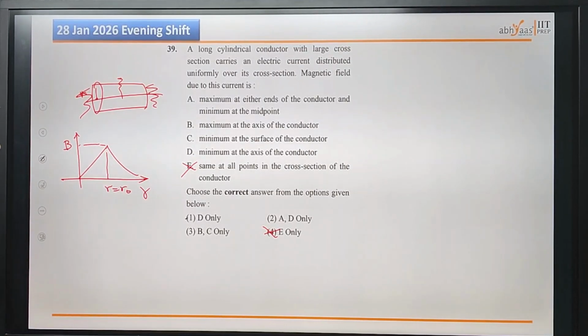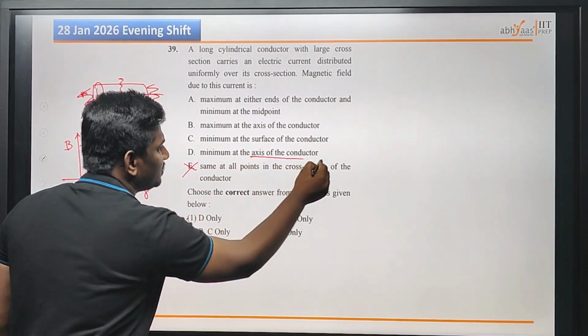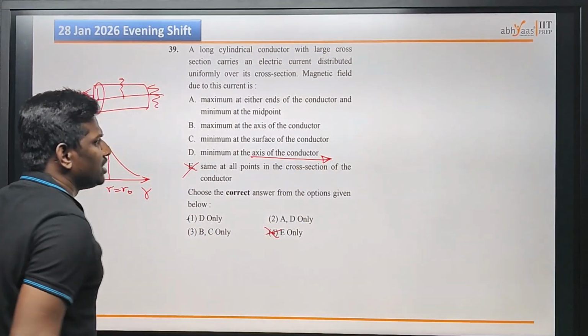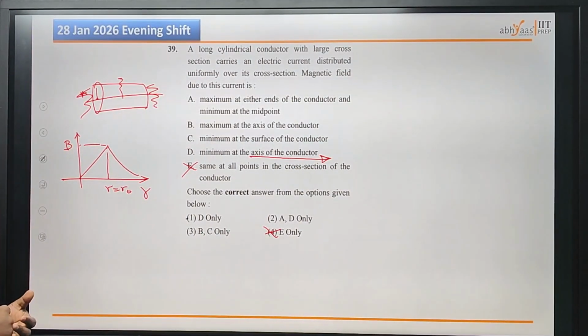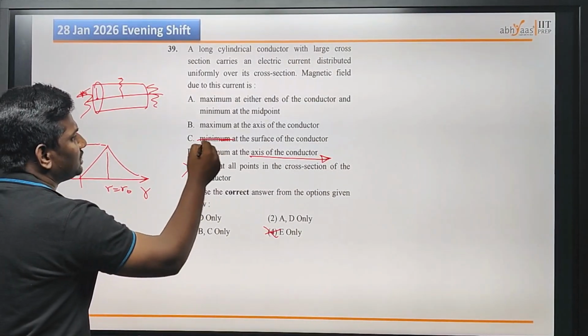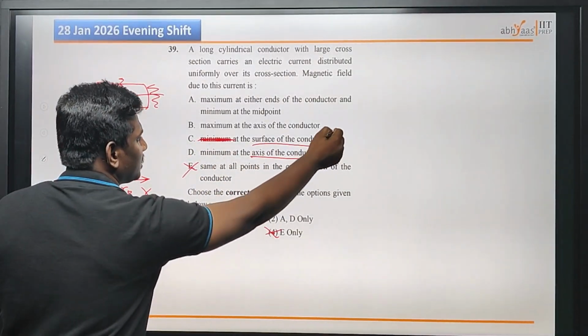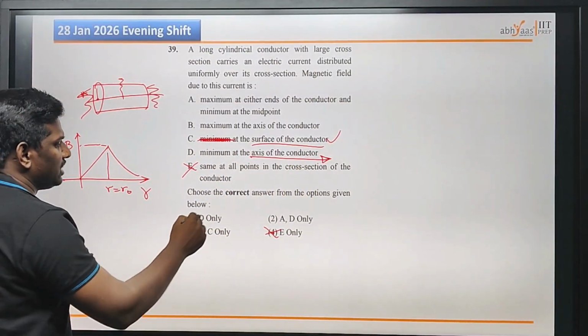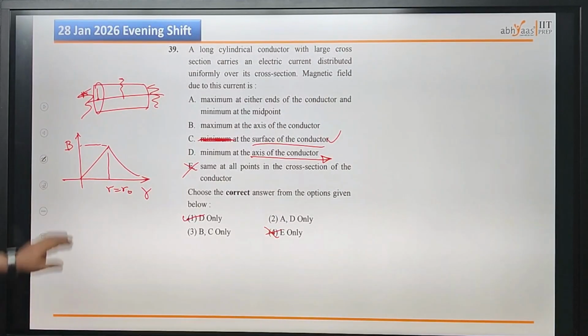So the field is minimum at the axis of the conductor and maximum at the surface of the conductor. So option D is your answer.